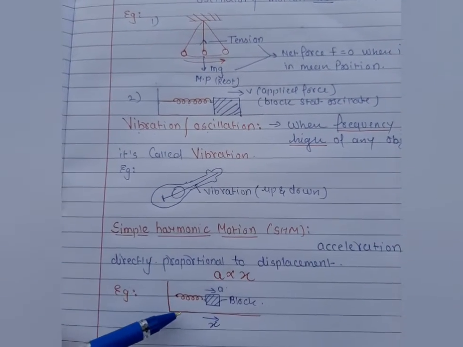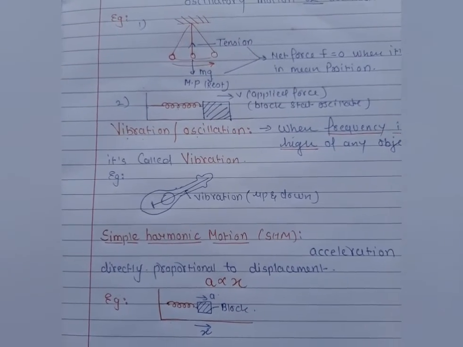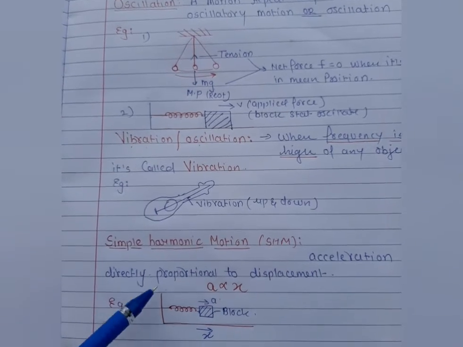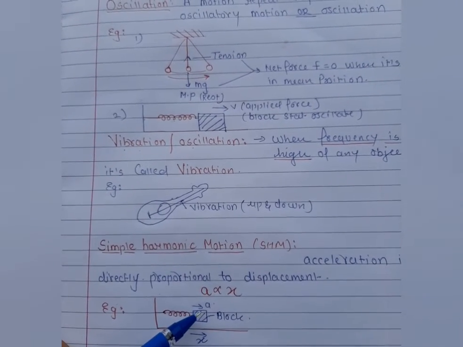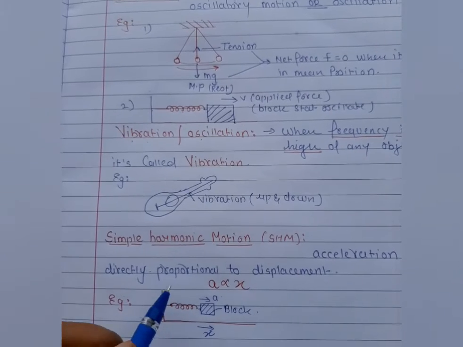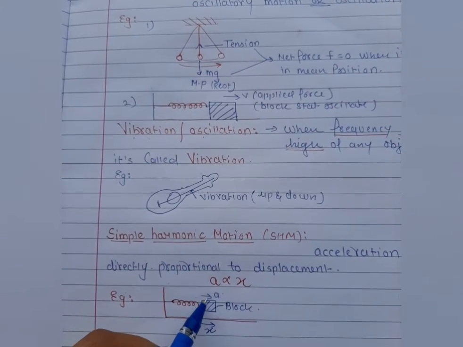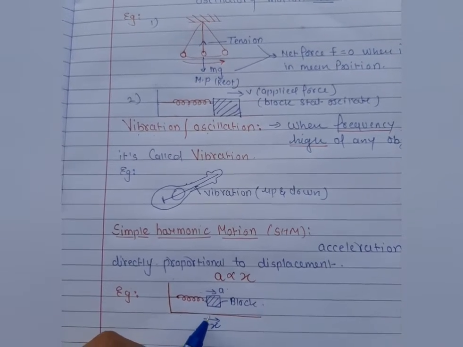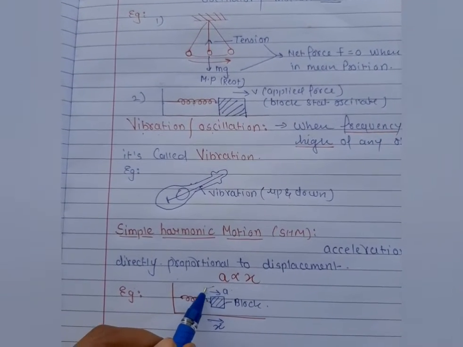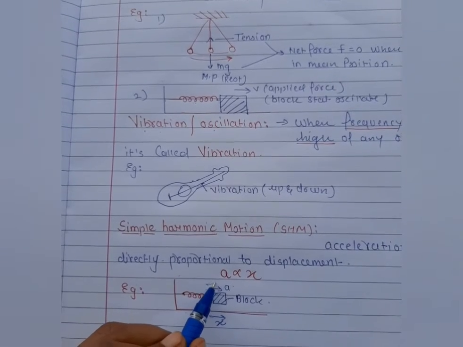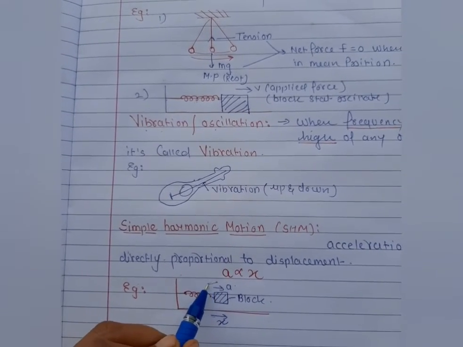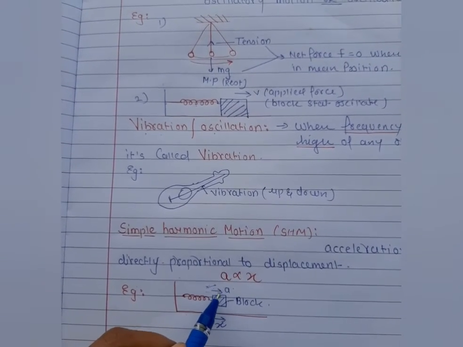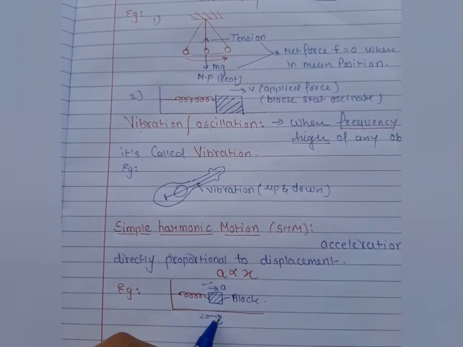As you got this example in the case of oscillation, I am applying this condition. When we apply force on this block, what happens, students? The body is displaced. When this body is displaced, the displacement and the acceleration move along the same direction. When the acceleration is in this direction, the displacement is also in this direction.